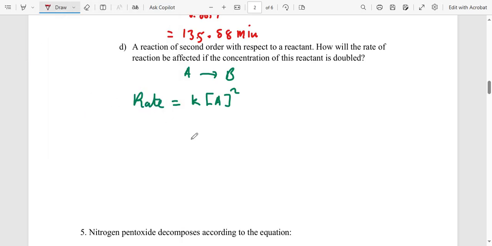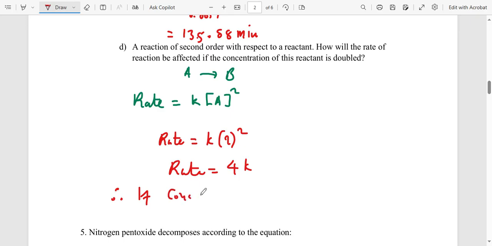What will happen if the concentration is doubled? The rate is going to be equal to k times the doubled concentration squared. So you can see the rate is going to increase by 4. Therefore, if concentration is doubled, the rate increases by a factor of 4, or we can say the rate quadruples.